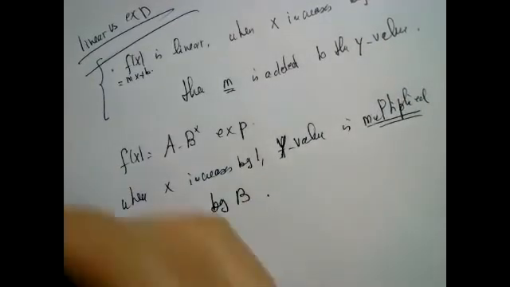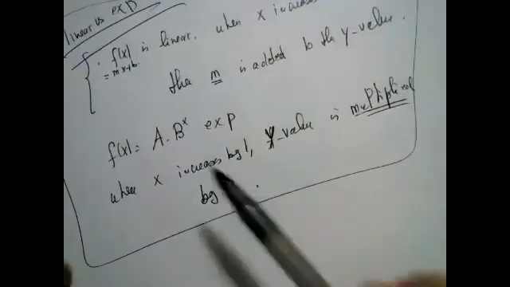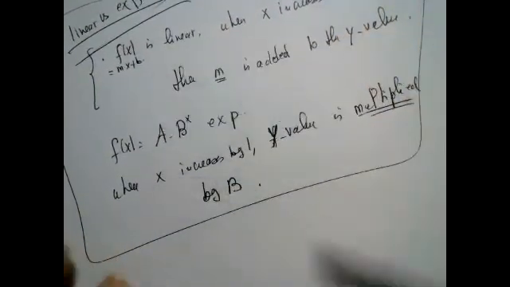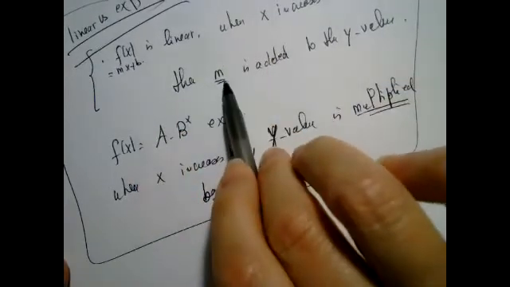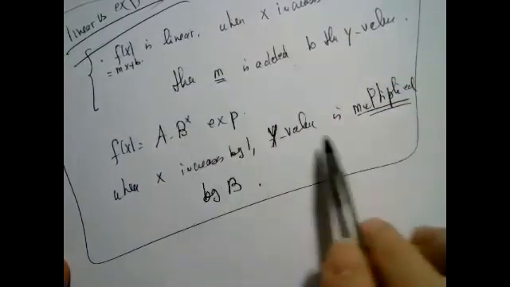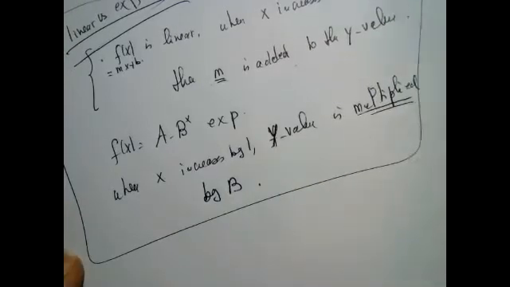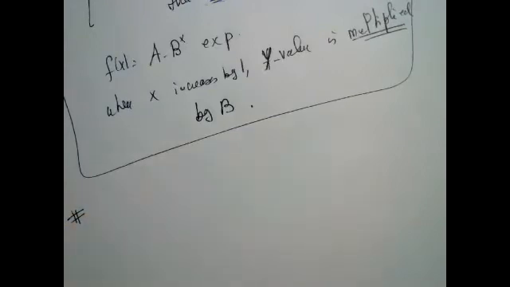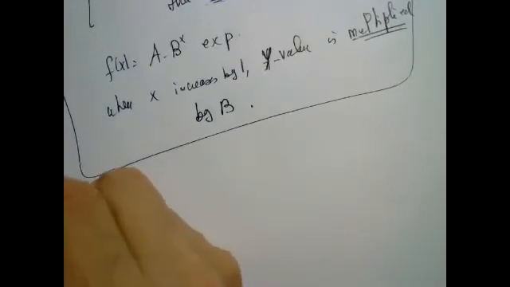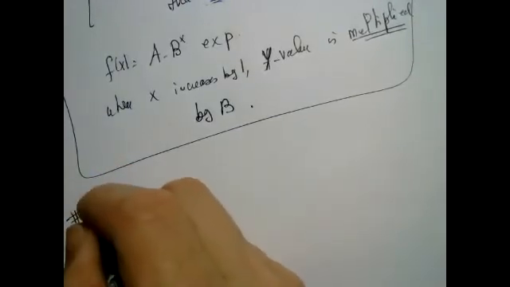Okay, so that's what we saw last time. In the linear, when x increases by 1, m, the slope, is added. In the exponential, the y value is always multiplied by b. So we're going to do two problems from where I start. Section 9.2, I'm at 3.2.